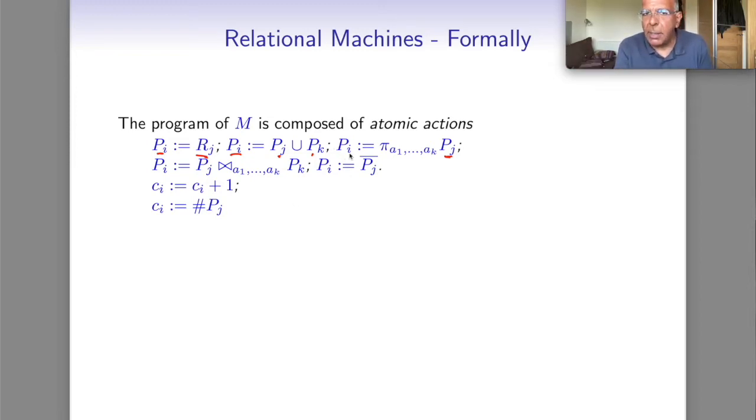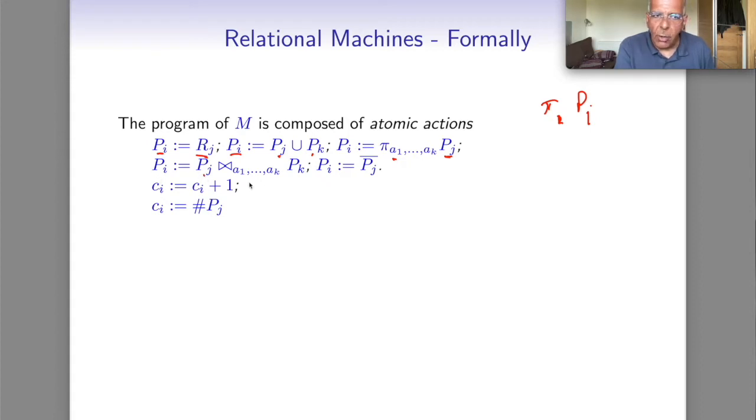And Pi is simply the projection of the relation Pj on that set of indices. So for instance, the projection on 1 of some binary relation Pj will be the unary relation consisting of the first coordinate of Pj, and pi2 would be the projection on the second coordinate.